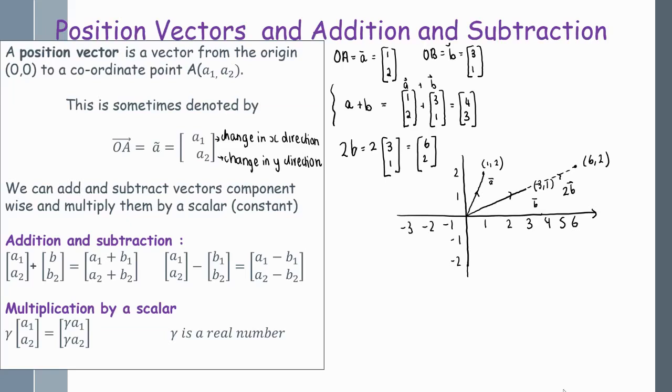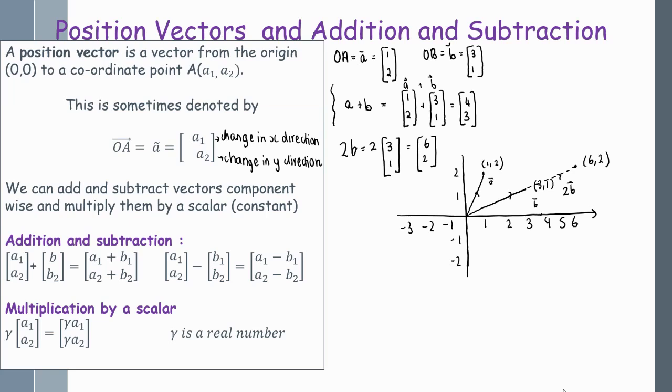To get from 0 to A1 in the x direction, you'll just have to move A1 units across. To get from 0 to A2 in the y direction, you're just going to have to move A2 units up or down from the origin.